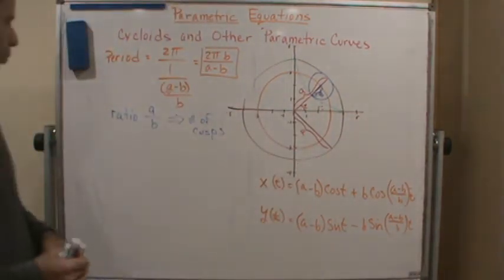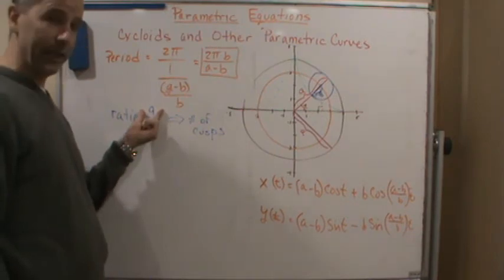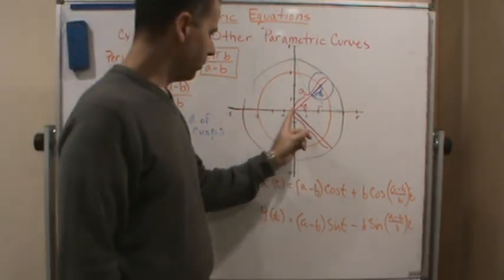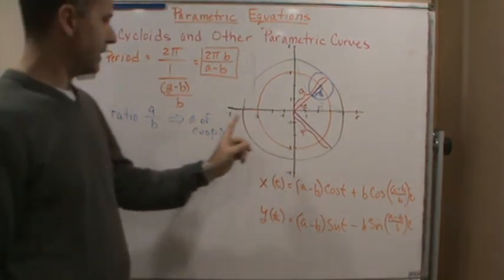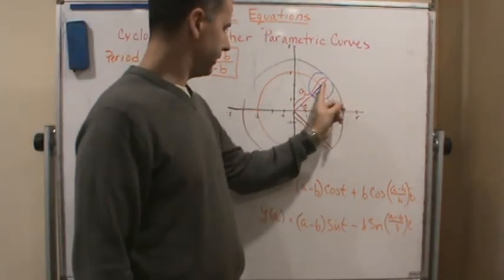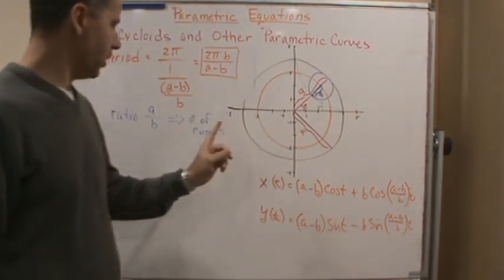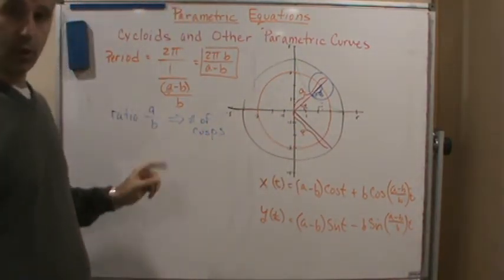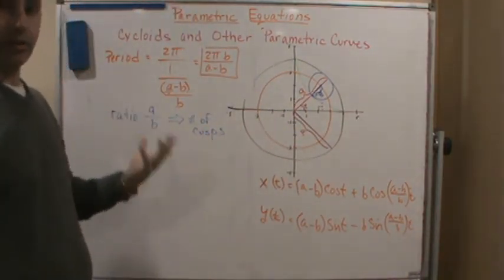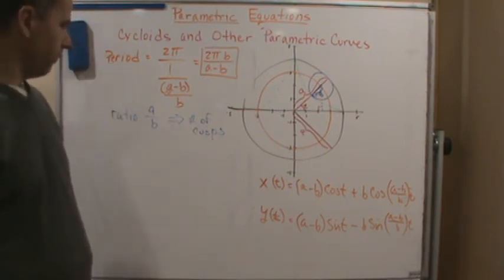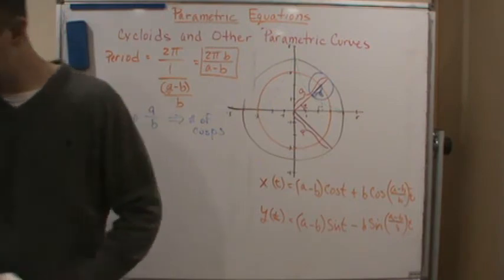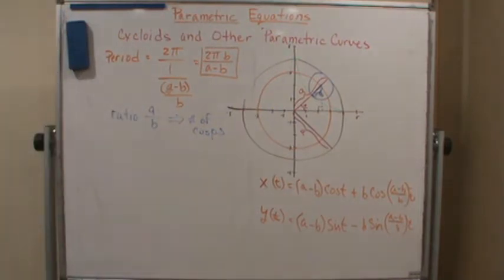So again, the ratio of the bigger radius, the larger circle, the outside circle, to the inside circle, this one, the ratio of those two radii is going to tell you how many cusps there are. Okay, and let's see, is there anything else I want to say about this?